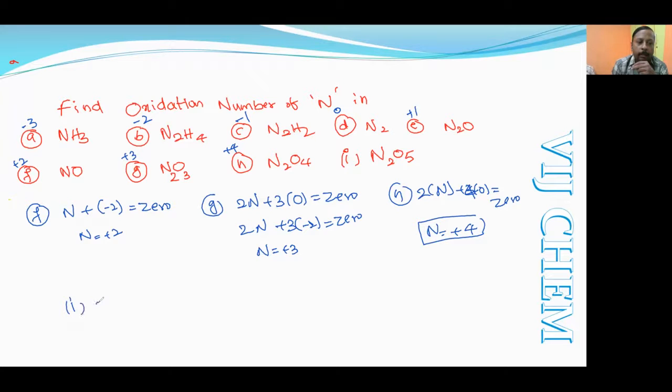Then I part, 2 into nitrogen plus 5 into oxygen is equal to 0. So 2 into nitrogen plus 5 into -2 is equal to 0. So obviously I will get N is equal to +5. This was a very simple warm-up question. If you are not able to understand, then further it will be difficult for you. So if you have any doubt, you can write to me.